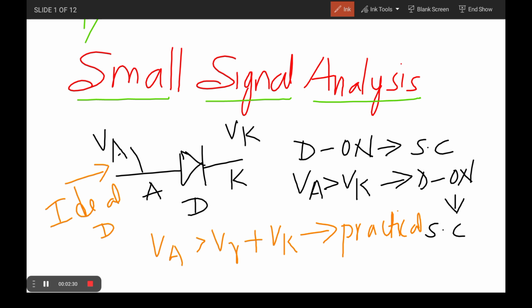Now, the diode voltage VD is equal to VA minus VK.